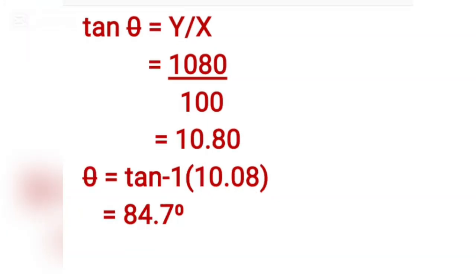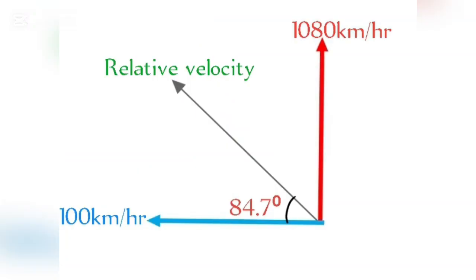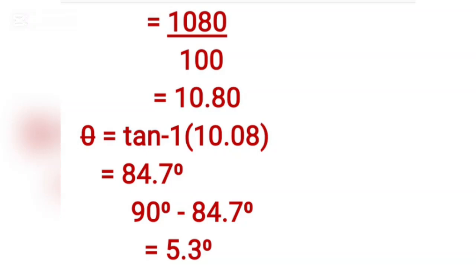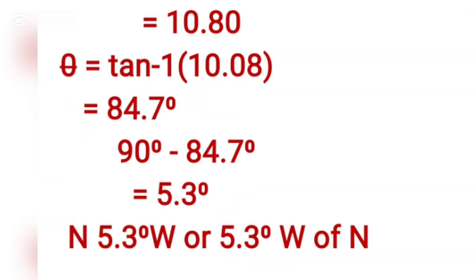So in our diagram there, you can see where 84.7 is. Explaining direction, we cannot use that direction. So we are going to subtract that from 90 degrees and we get 5.3 degrees. Now we can describe our direction with 5.3 degrees. That will be north 5.3 degrees west or 5.3 degrees west of north.